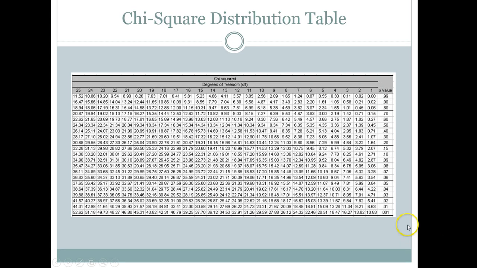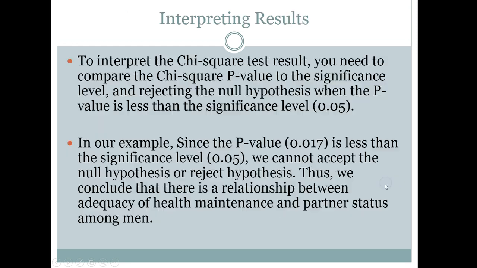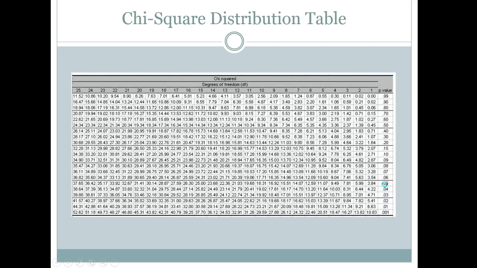So I'd like to simply say here that if you set your significance level at 0.05, and you have a degree of freedom of 1 because you only have 2 outcomes, so n minus 1, 2 minus 1 would be 1, then at 0.05 your chi-square test statistic value is 3.84.